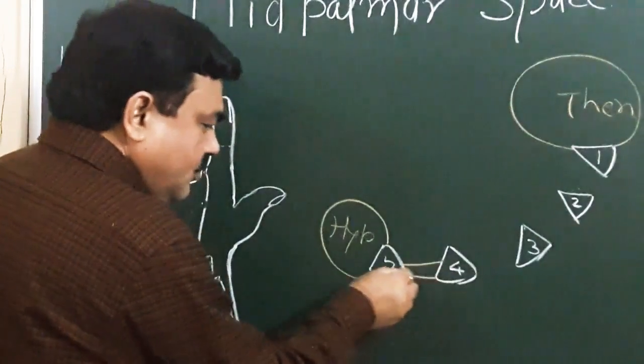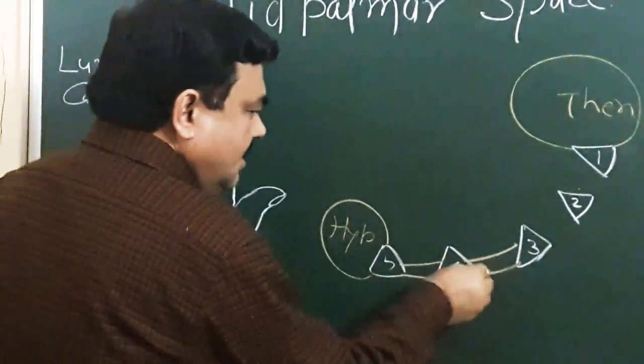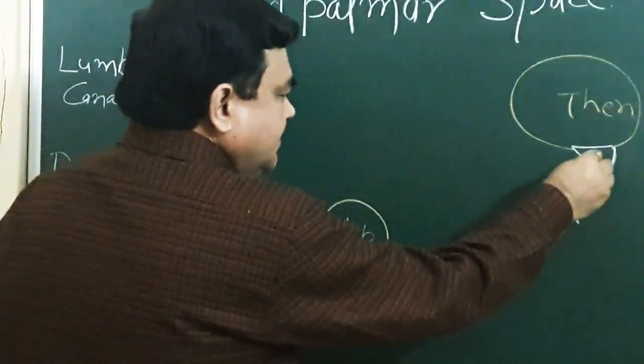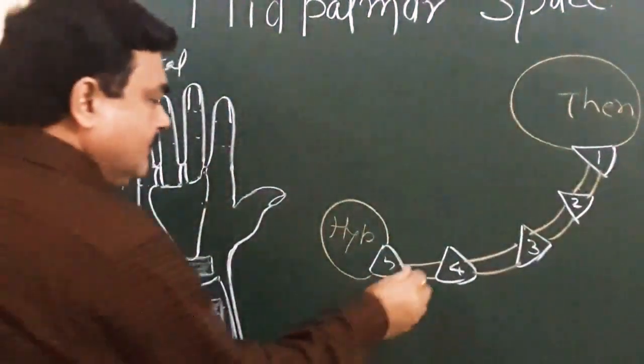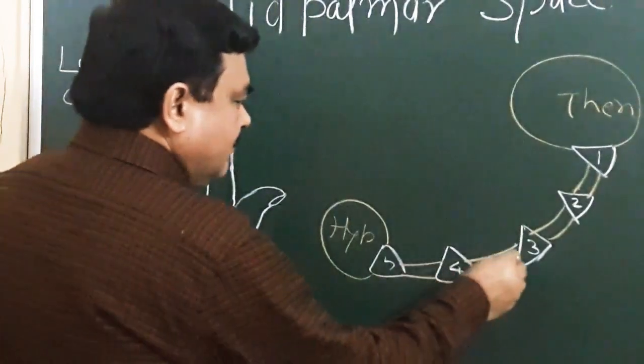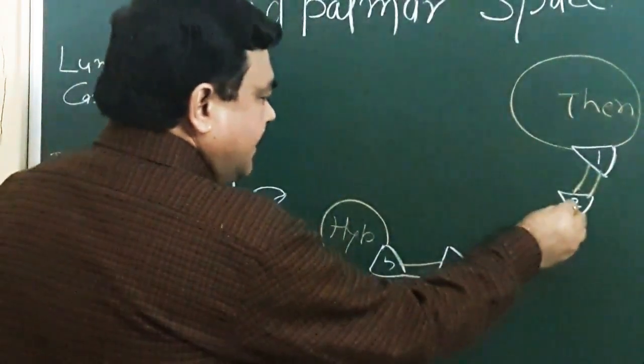This is the fourth dorsal interossei, this is third, this is second, and this is first dorsal interossei.